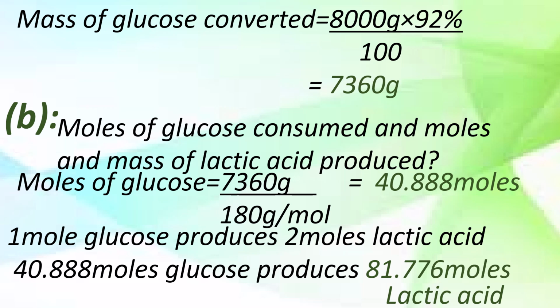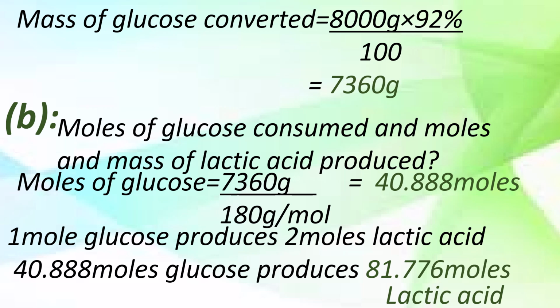Mass of glucose converted to lactic acid is equal to initial mass 8000 gram multiplied by 92%, divided by 100 because it is a percentage. After solving, mass of glucose converted is equal to 7360 grams.